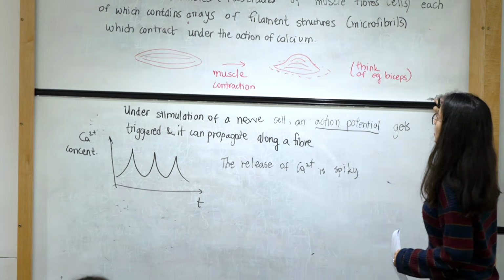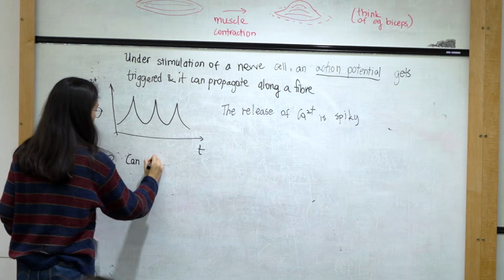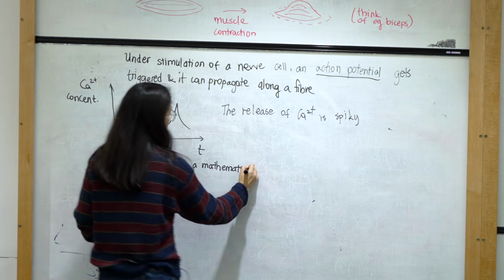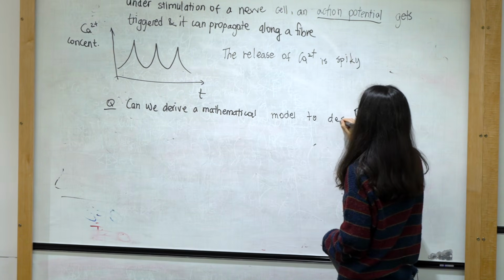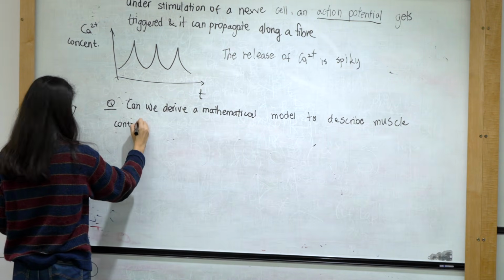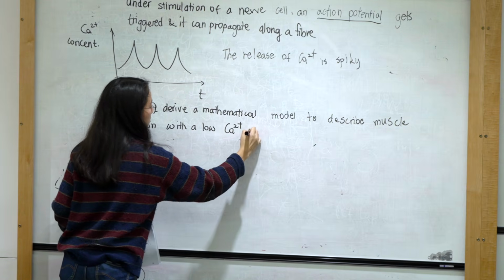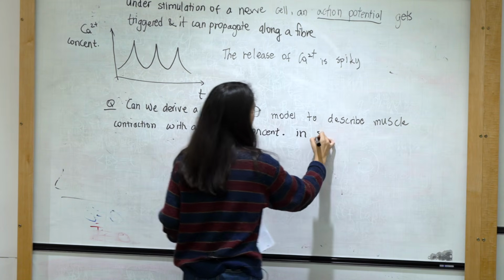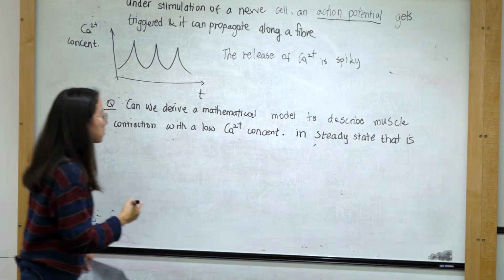Okay, and the question is, can we now derive a mathematical model to describe muscle contraction with a low calcium concentration in steady state that is excitable under stimulus?